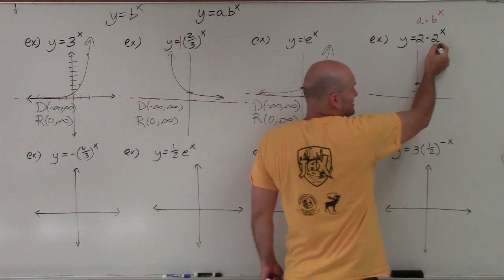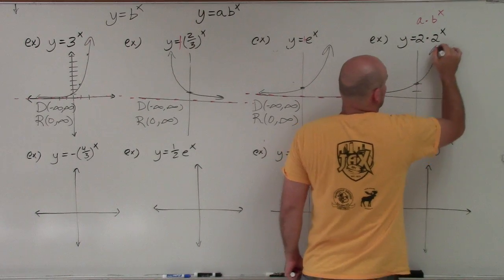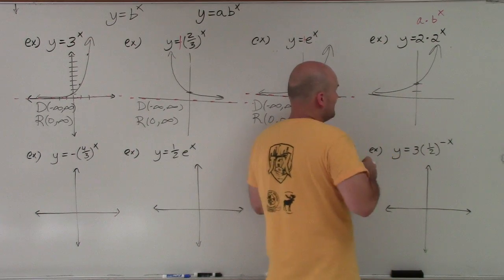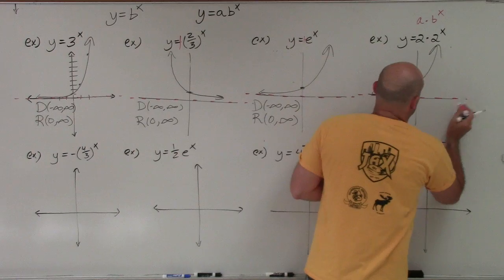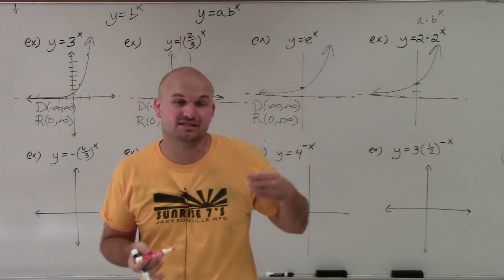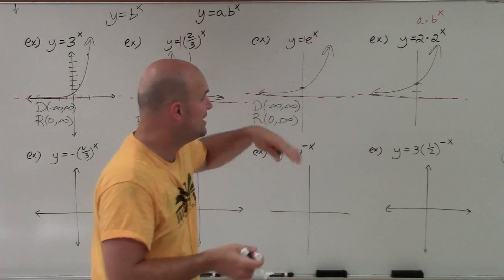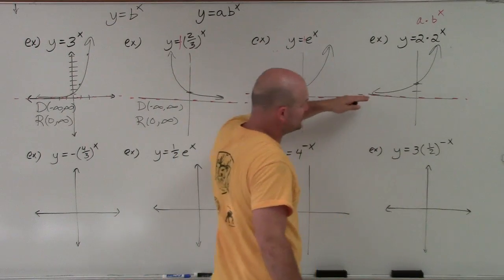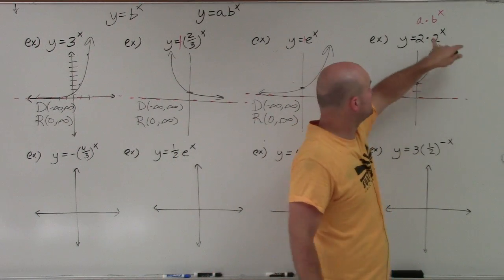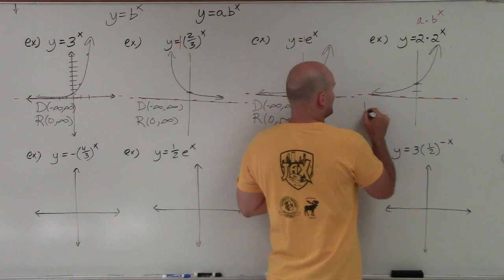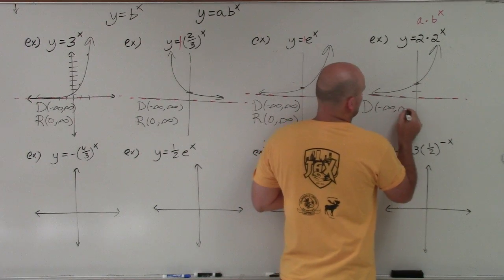My base 2 is still larger than 1, so the graph is still going to look like this. It's still going to have an asymptote at 0. So all that 2 does is basically change the new y-intercept. However, the graph is still approaching 0, and it's still going to be increasing because b is larger than 1. So my domain and range is unchanged.